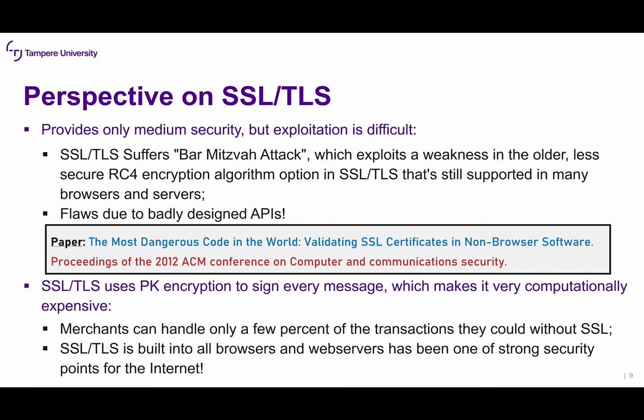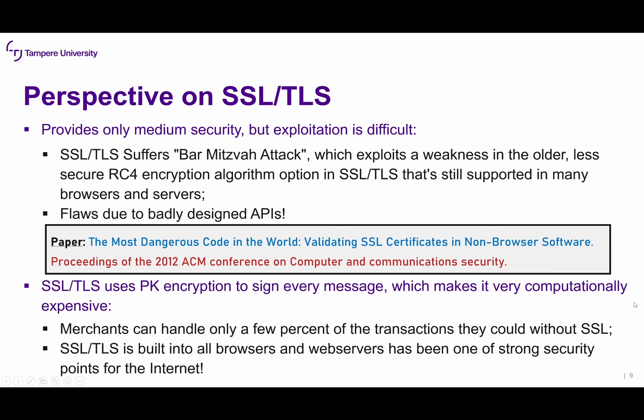Now, SSL TLS uses public key encryption to sign every message. This is something that I have avoided showing in the protocol that I described in the previous slides. But keep in mind that SSL TLS uses public key encryption to sign every message, which makes it very computationally expensive. Okay, it is expensive, but at the same time, it provides certain security guarantees. Now, what does computationally expensive mean?